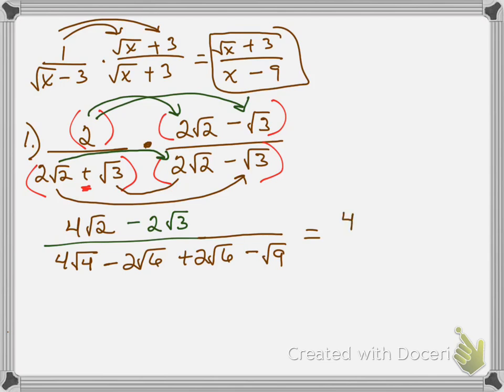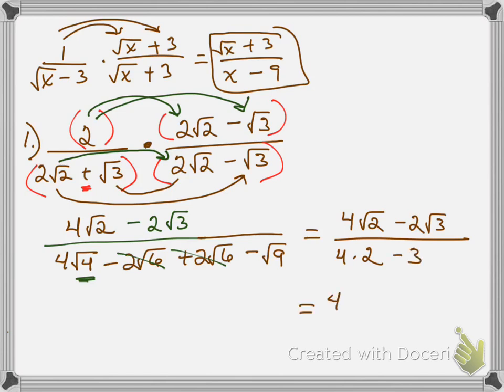Then we have 4 square root of 2 minus 2 square root of 3 all over 4 times 2, right? Because the square root of 4 is 2. Inners, outers cancel, minus 3.